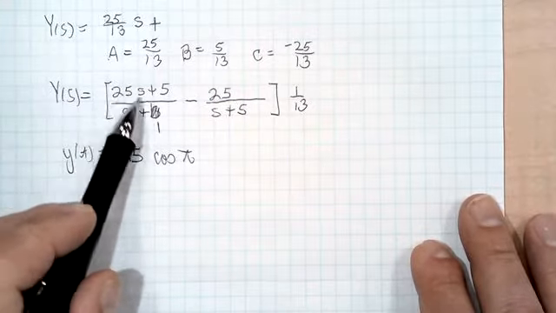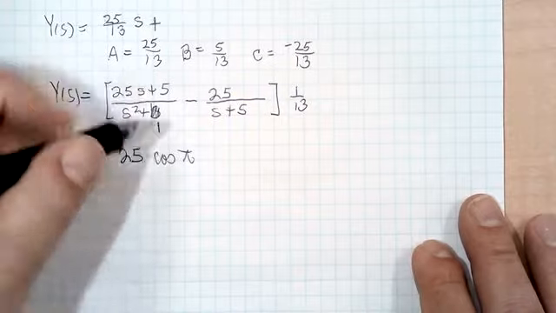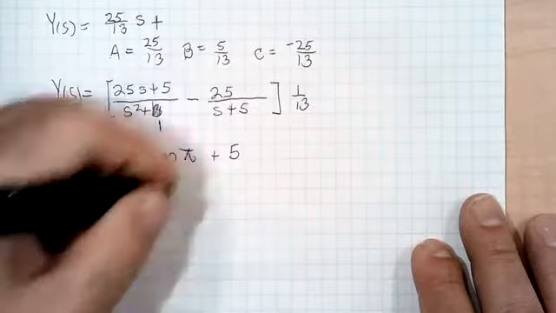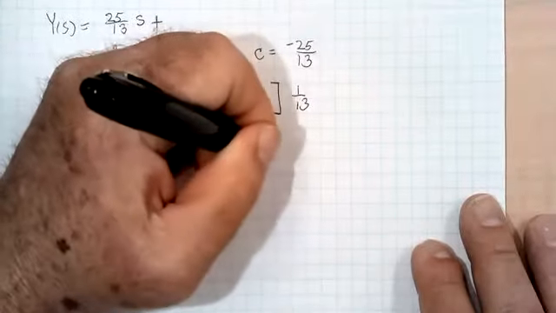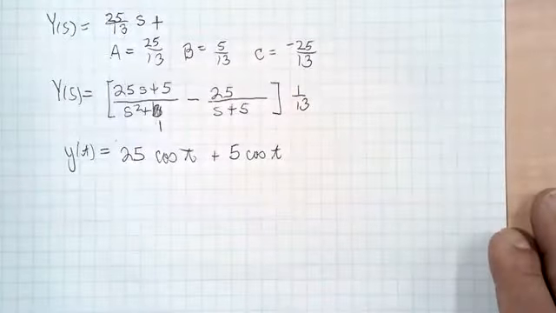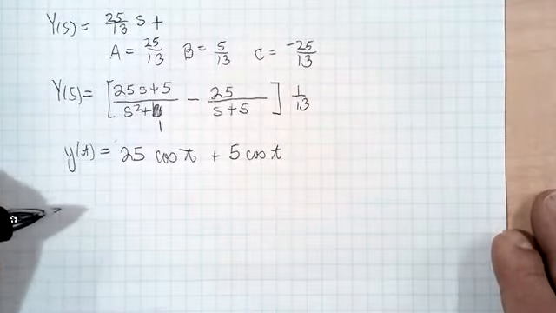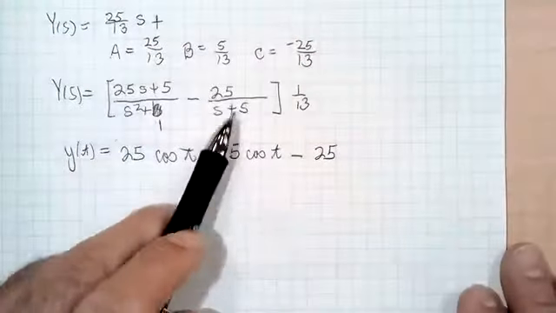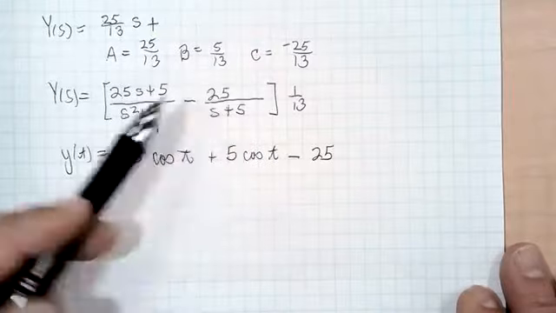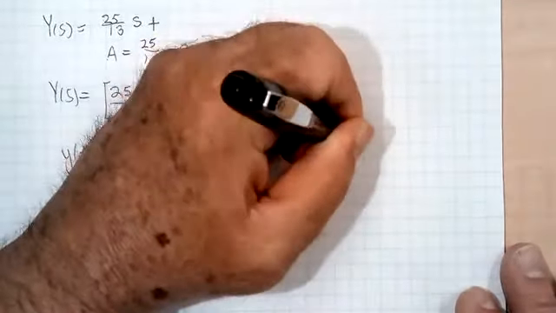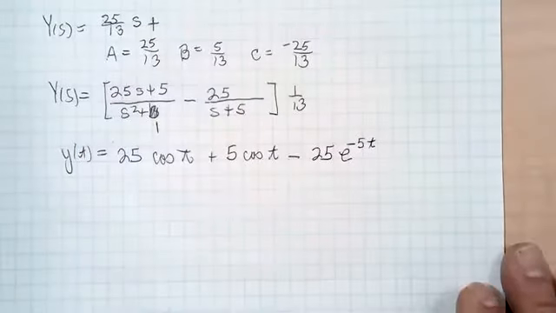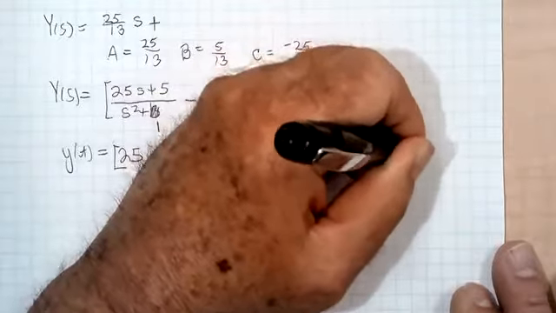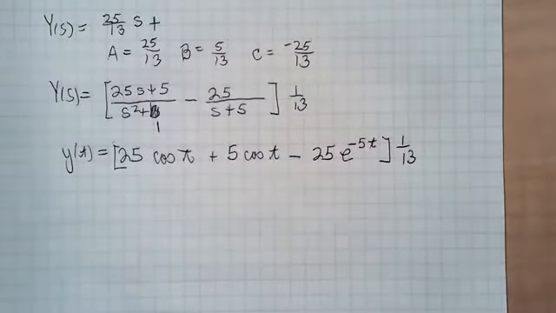So that takes care of 25s over S squared plus 1. Then the 5, that is sine of t. And then we have minus 25. 1 over S plus 5 is the transform of e to the minus 5t. And everything in sight was divided by 13. So there it is.